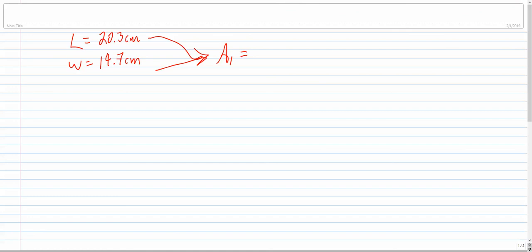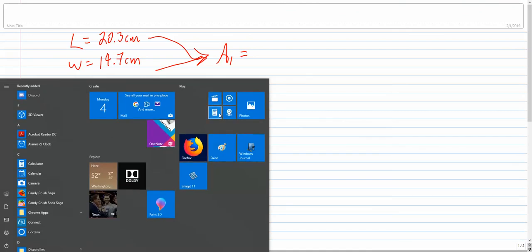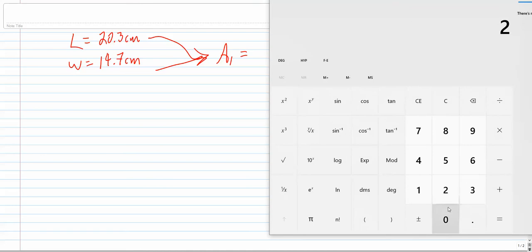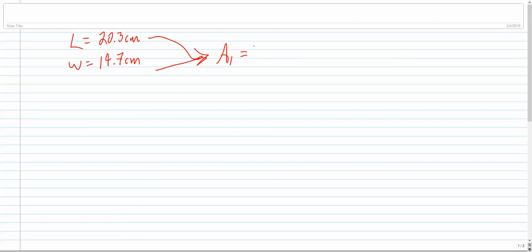Let me bring up my calculator. That would be an area of 20.3 times 14.7. That would be 298.41. I probably shouldn't go another decimal place, so I'm just going to call that 298.4.